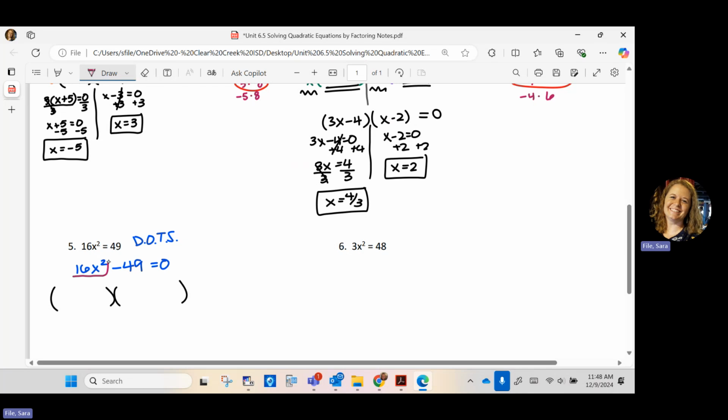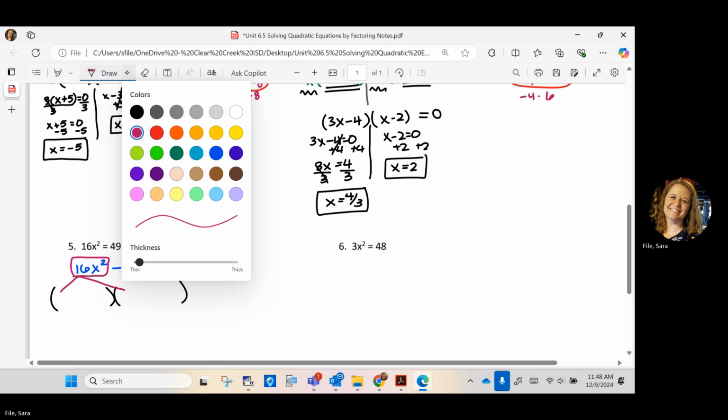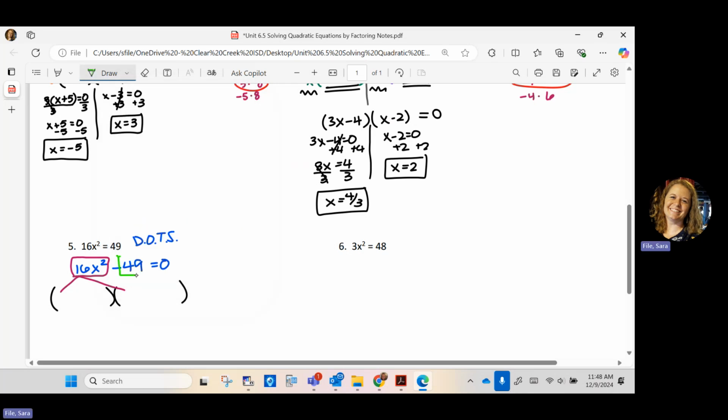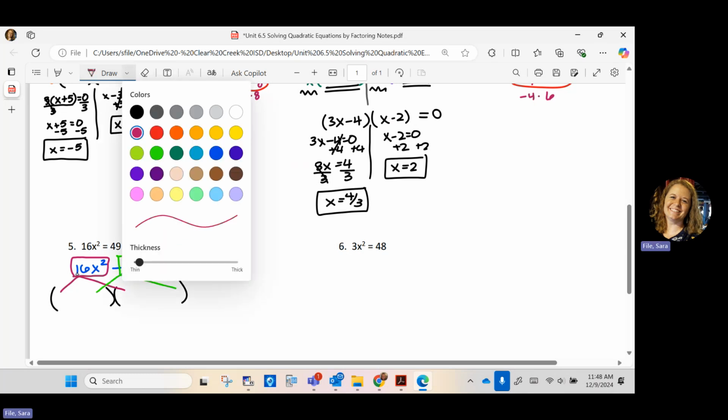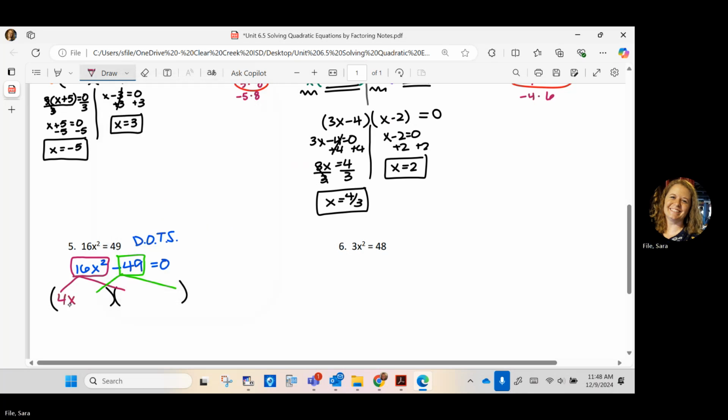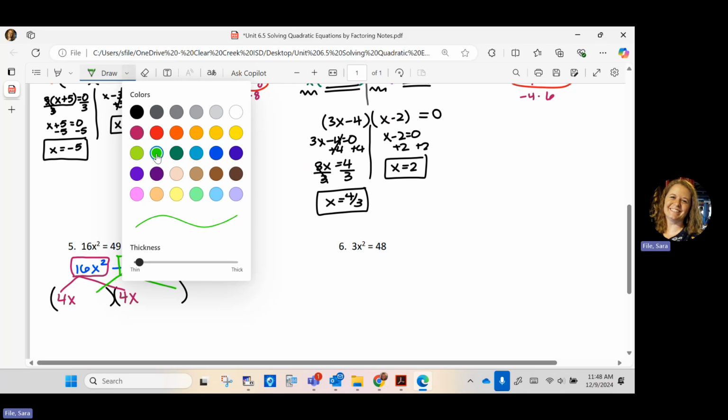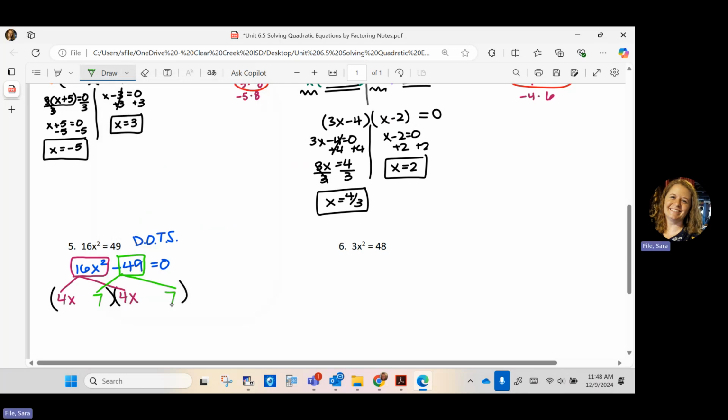So the square root of this one is going to go here and here at the start of those binomials. And the square root of this term is going to go at the end of both of those binomials. So the square root of 16x squared is 4x. And the square root of 49 is 7.